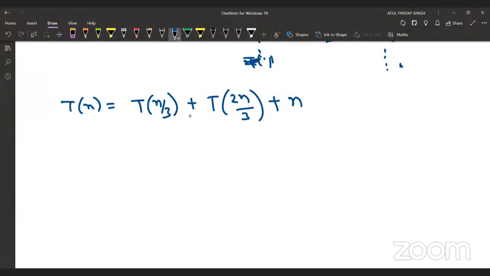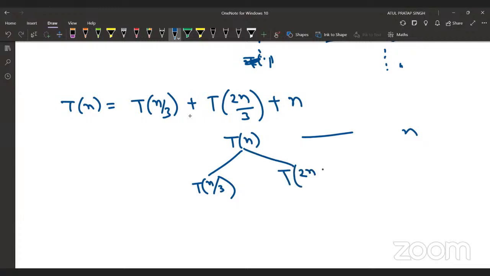If we draw the diagram, initially at T(n), the total number of operations required is n. Now T(n/3) here we are dividing n by 3, and here T(2n/3).